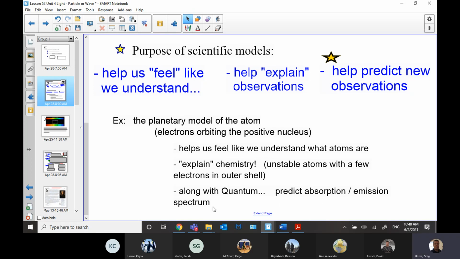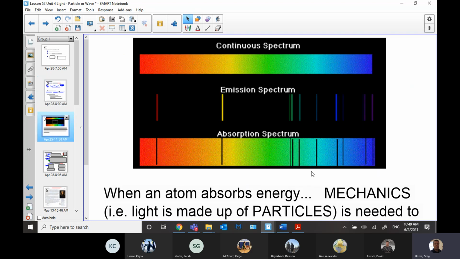In the model here, you probably have heard through chemistry that you have to start to talk about the quantum nature of reality and so on. We talked about that a little bit in physics, where we talked about the absorption and emission spectrums, right? How there are specific energies that electrons can absorb, and that is all part of that model.